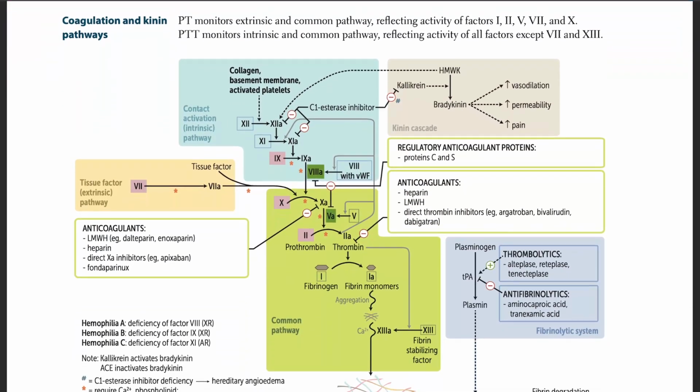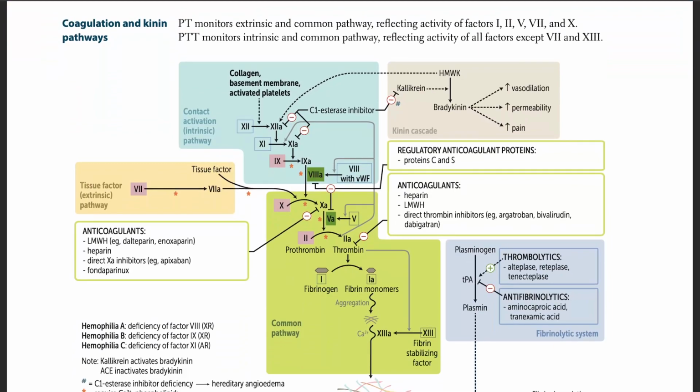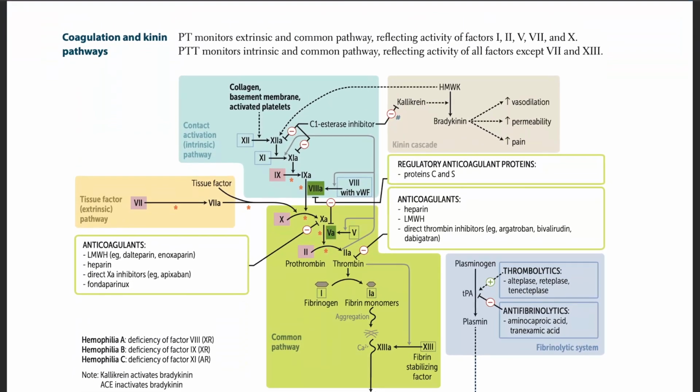Moving on with the coagulation cascade and kinin pathways. We have the PT monitors the extrinsic and common pathway, reflecting the activity of factors 1, 2, 5, 7, and 10. PTT monitors the intrinsic and common pathway, reflecting the activity of all factors except 7 and 13.